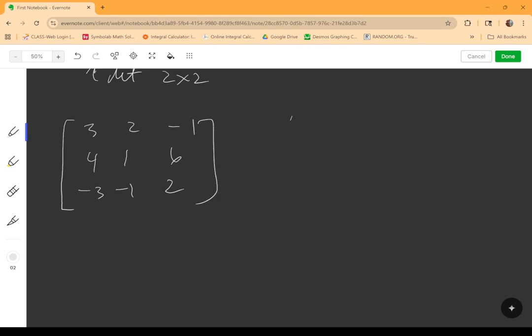If we're going to expand across any row, one thing to keep in mind is that the signs always alternate. We start with plus, then it goes to minus, plus, minus. If we expand across any column, which we can do as well, we always start with the first element, 1,1, as plus, and then you alternate signs as you go.